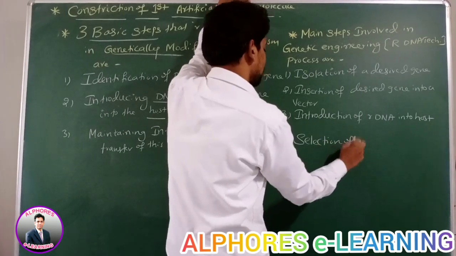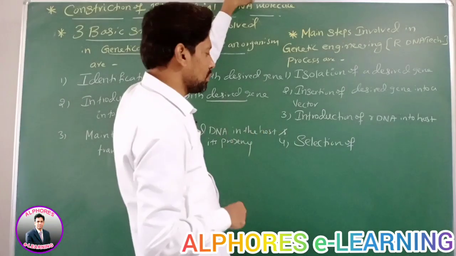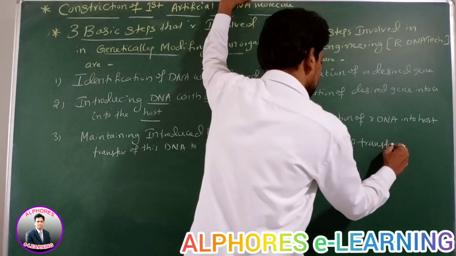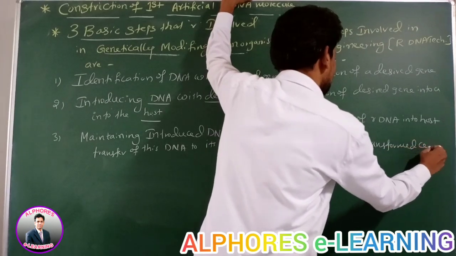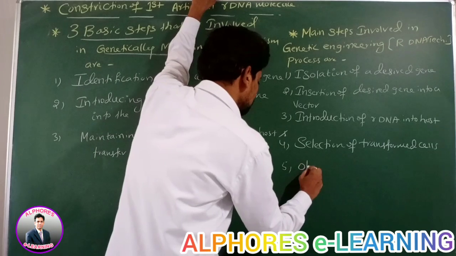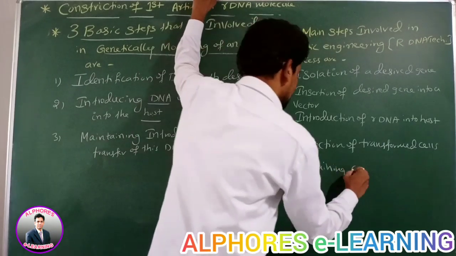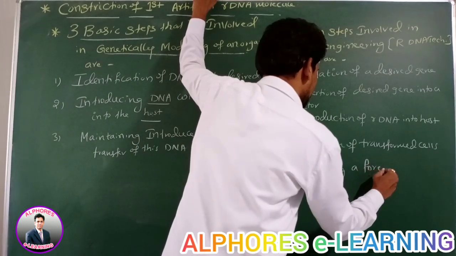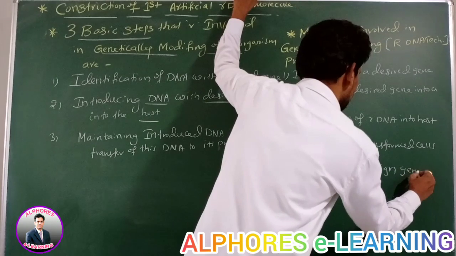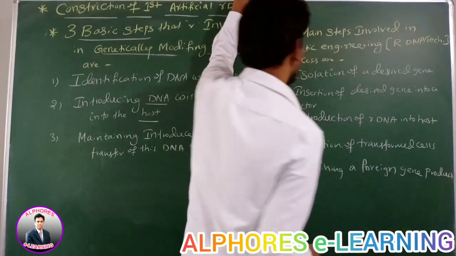Each and every step we will discuss in detail, right? Just I am writing the side headings. Selection of transformed cells. Next, number five, obtaining a foreign gene product.